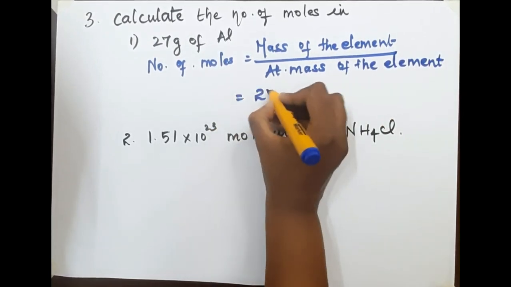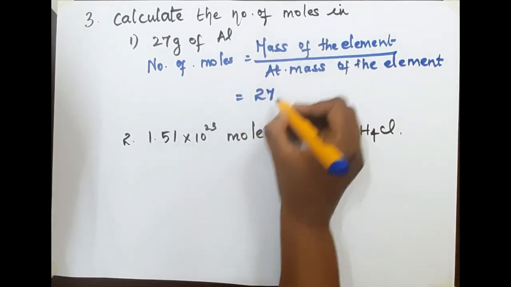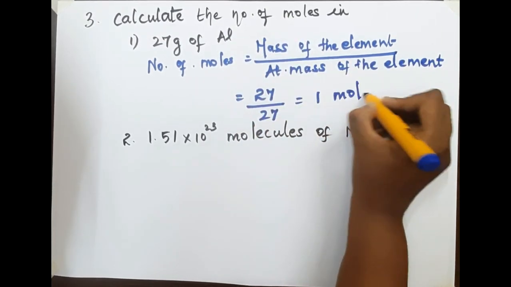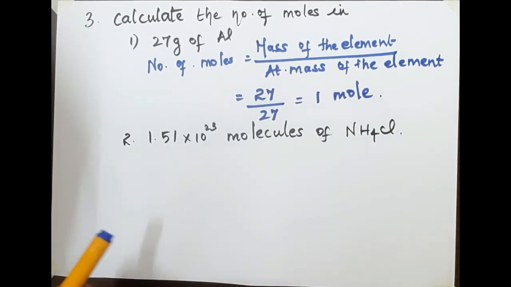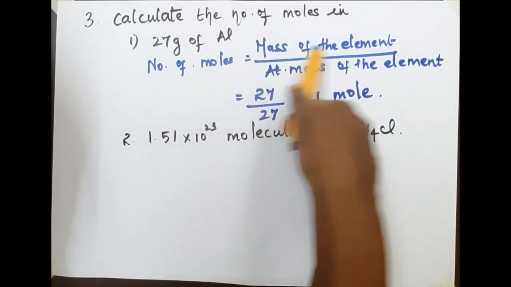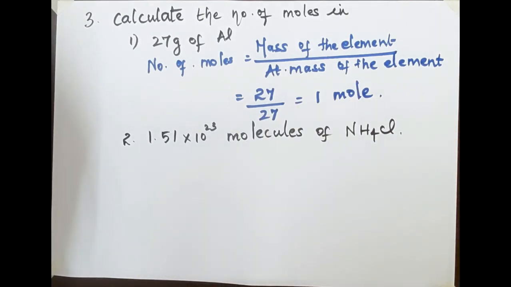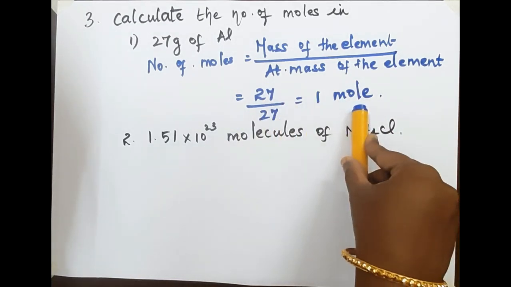So 27, and what is the atomic mass of aluminium? It is actually 27. So it is 27 by 27, that is equal to 1 mole.